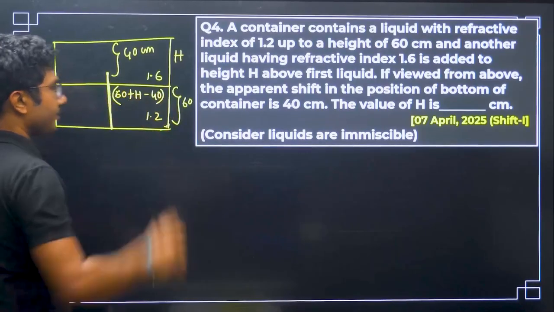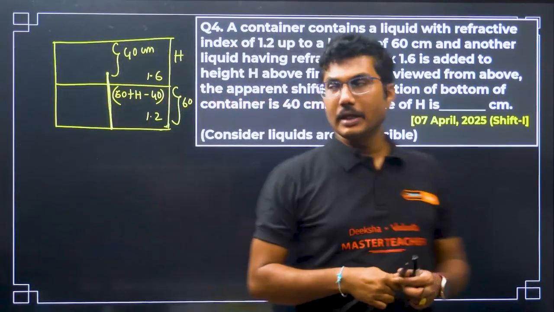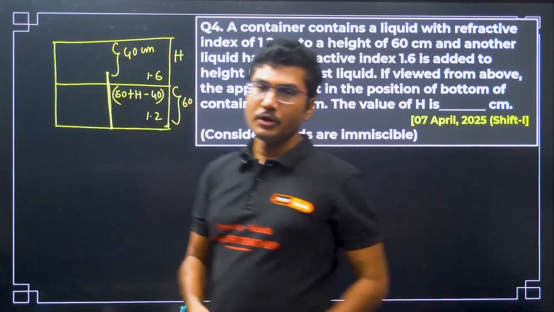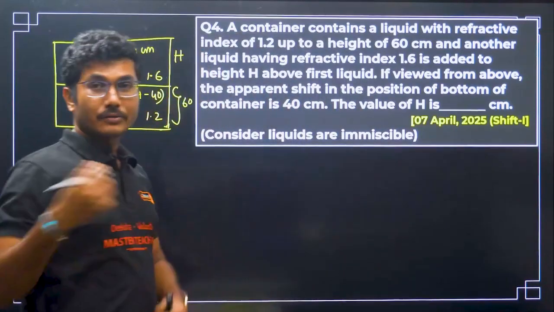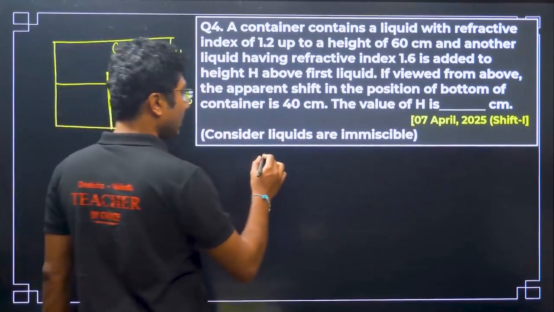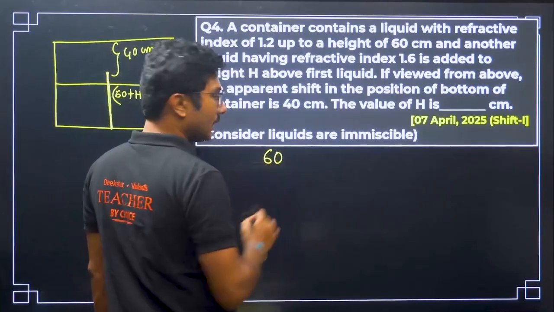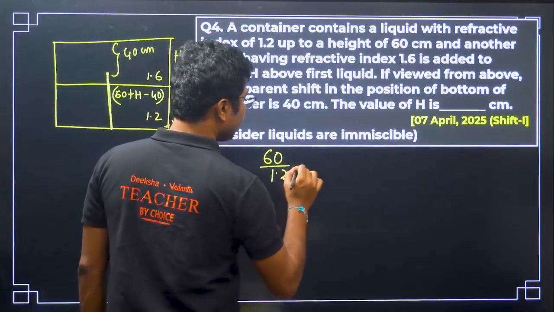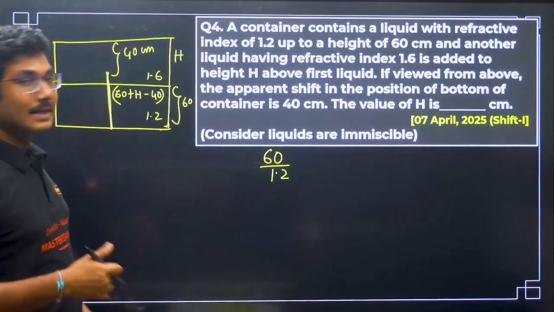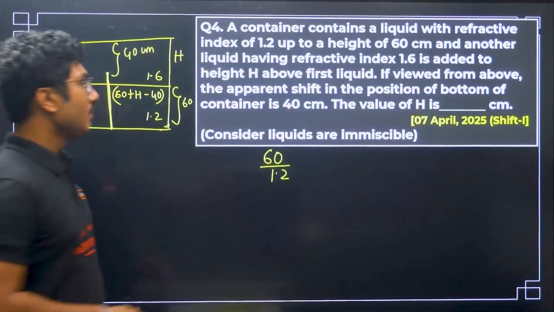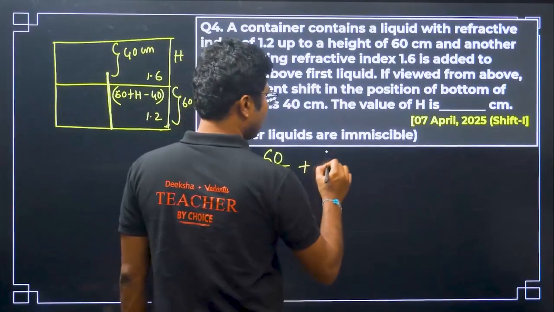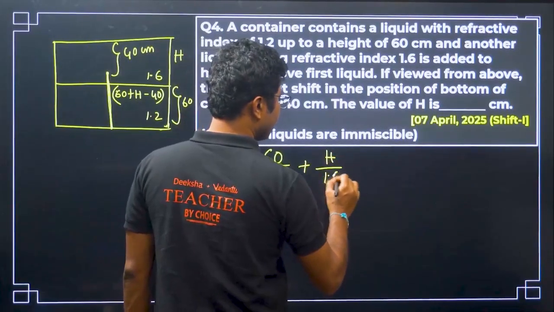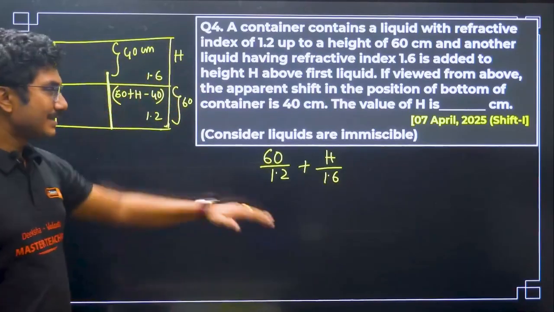This is the apparent shift, this is the movement, right? So this much it is moved. So what is the formula to calculate the shift? It will be the depth of the liquid divided by its refractive index, that gives the total shift for the first liquid, plus h by 1.6 will give the shift due to the second liquid.